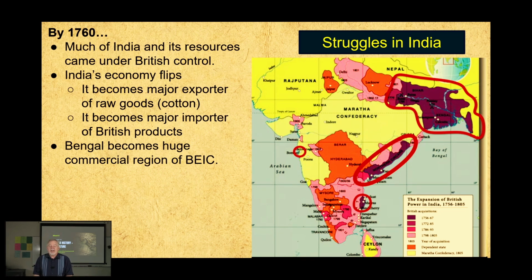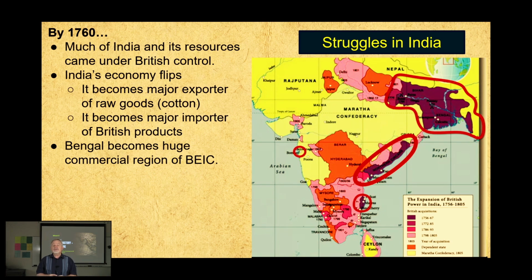The natives become almost forced to buy the British goods. So India loses the revenue from producing its own goods by exporting the raw goods and then buying back the finished products that are coming out of England. And that really turns India upside down.